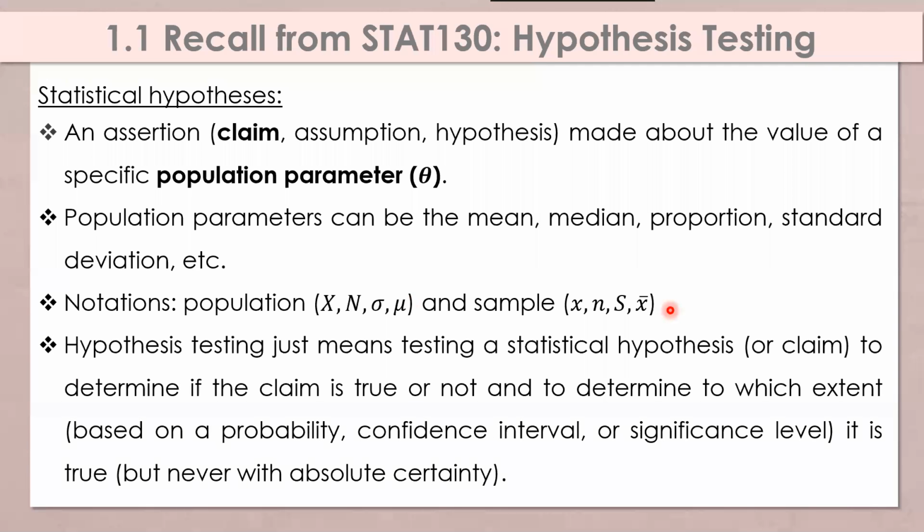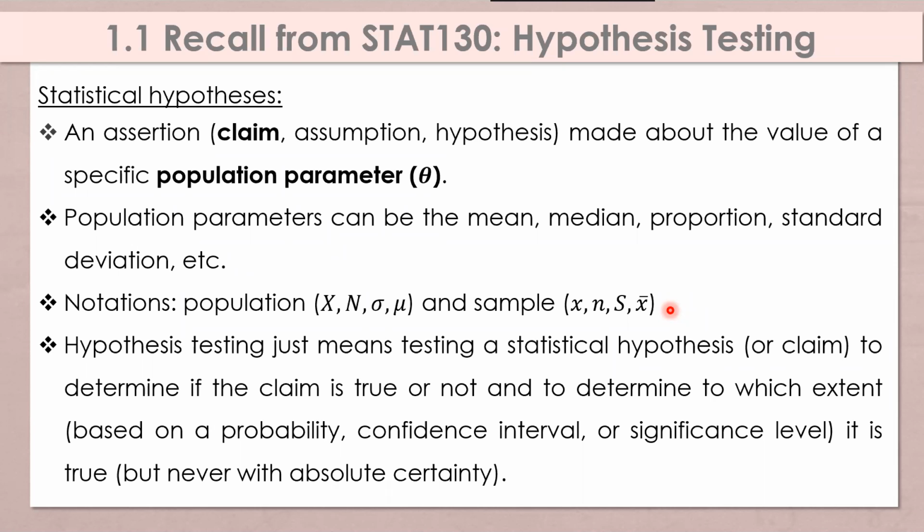This concept of hypothesis testing means you're testing a statistical hypothesis, which is a claim, to determine if the claim is true or not, and to determine to what extent it is true. So that's why our results are generally based on some sort of language of probability, which can be represented in terms of a significance level or confidence interval.